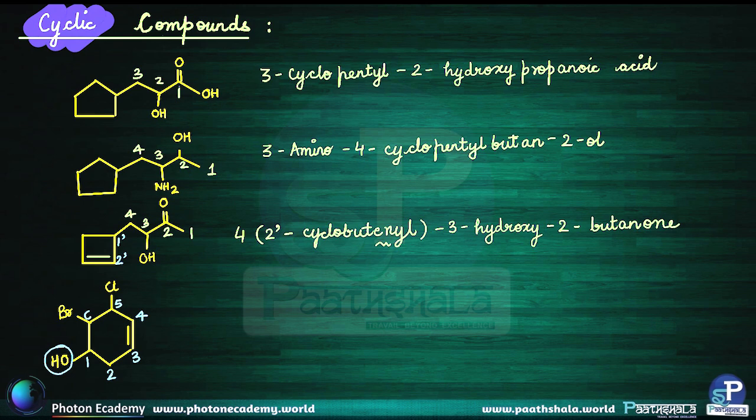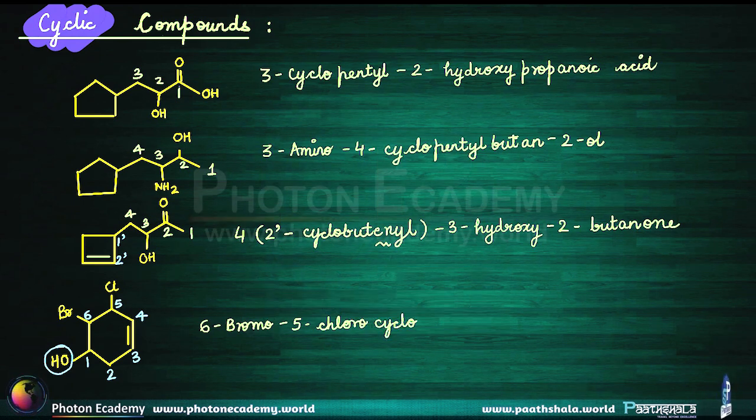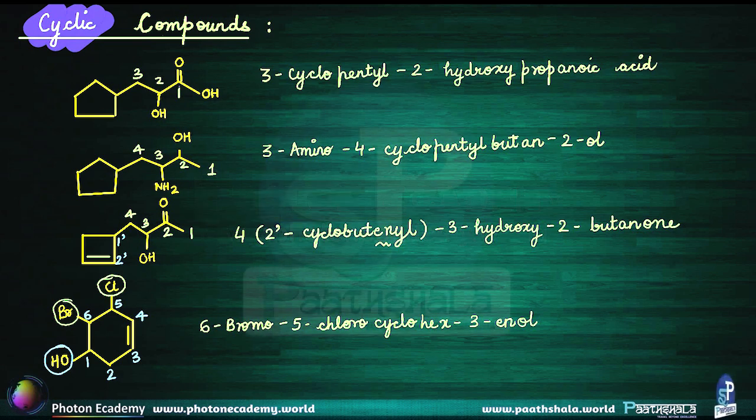The name of this becomes: at 6 we have bromo, 6-bromo, 5-chloro, then we have cyclohex-3-ene. At 6 we have the bromo group, at 5 we have the chloro group, then we have the cyclic ring, cyclo, and at 3 we have a double bond, so 3-ene, and then we have ol because of the OH.